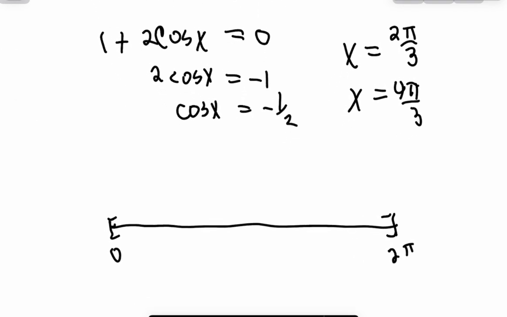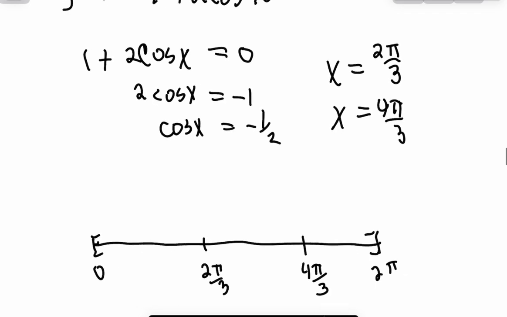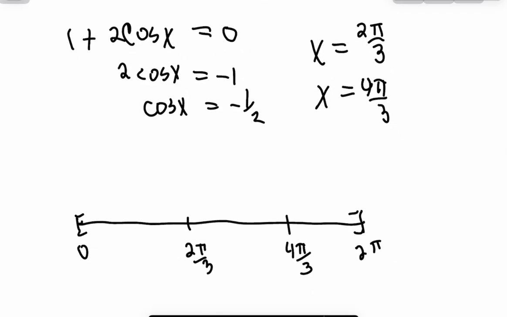And I need to put on there 2 pi over 3 and 4 pi over 3, so they go in order. I only have one factor, 1 plus 2 cosine of x, so I only need one little row there. But let's make it look a little more chart-like.